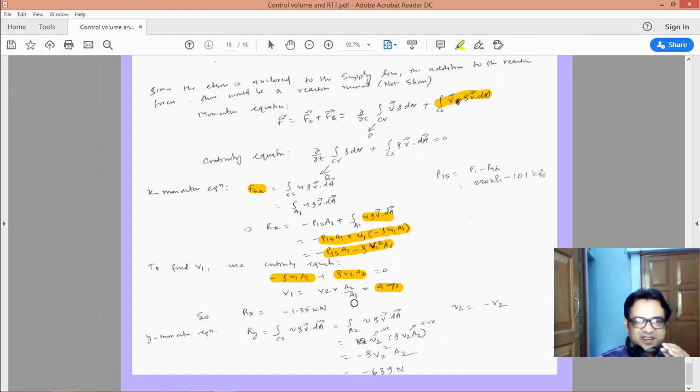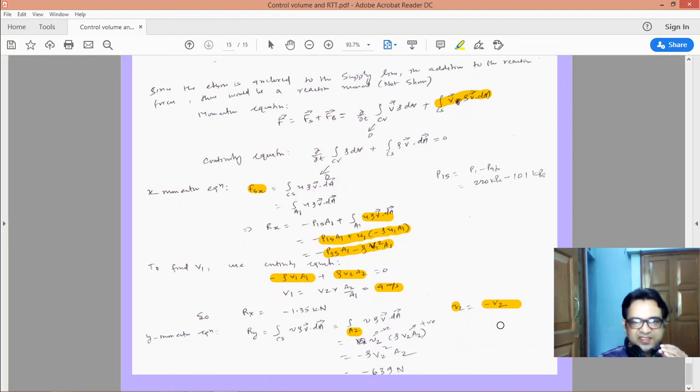So we have taken that Rx will act upward, but actually Rx will act downward. Similarly, for the y momentum equation, what are the different forces? Ry equals the integration of v rho V dot dA. For the surface integral at the cross section A2, it's leaving in the downward direction, so velocity at 2 will be minus V2, negative.